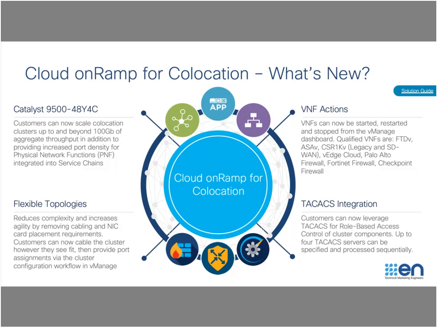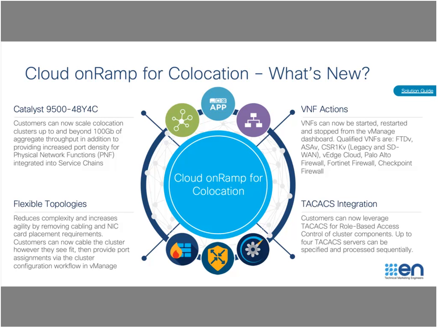I want to choose the co-location facilities that I'm going to put presence in or extend my SD-WAN fabric to, and I want to be able to do things like service chaining and put my own DNS or my own virtual machines in the transit path of my traffic going to the cloud. That's where cloud on-ramp for co-location comes in. It's a bit more of a DIY approach, still turnkey, but DIY.